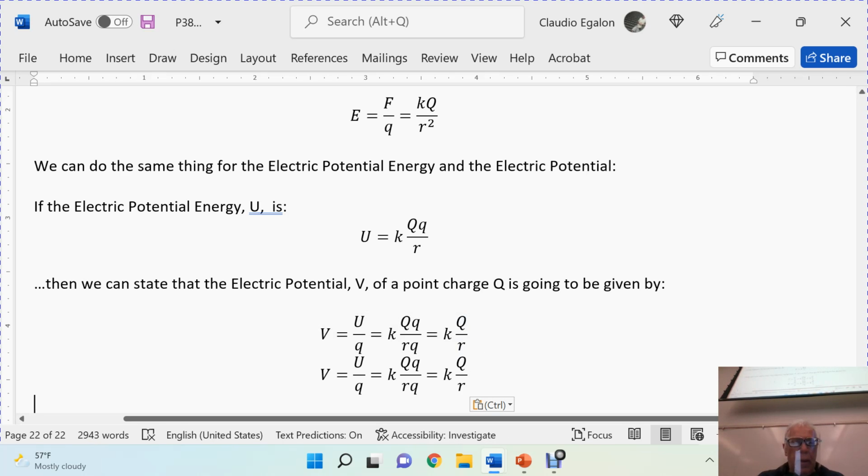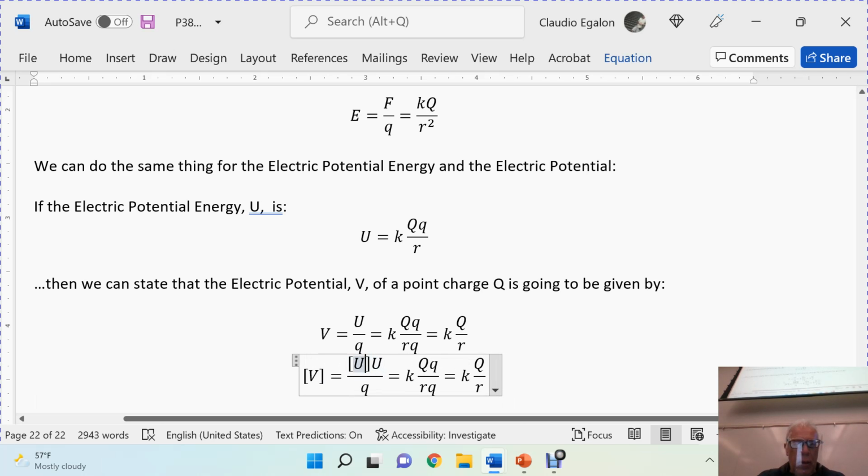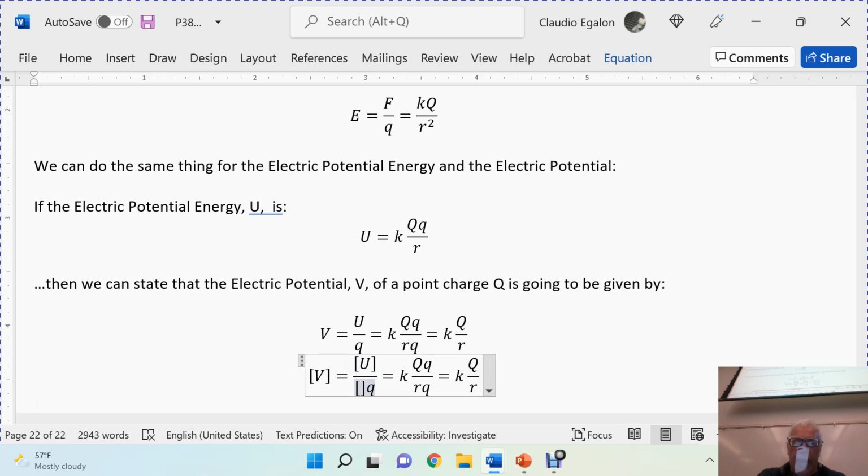The unit of electric potential, okay, the unit of electric potential is what? It is the unit of electric potential energy divided by the unit of electric charge, which is going to be what?